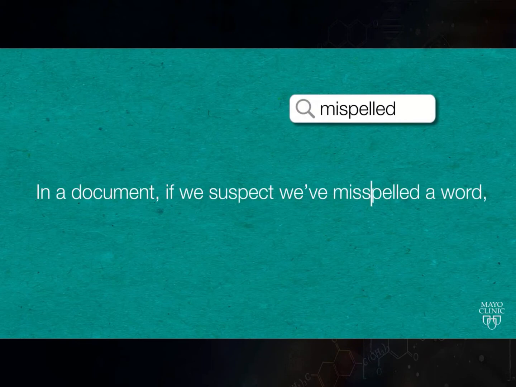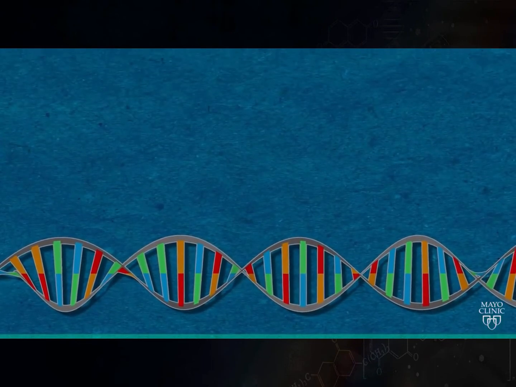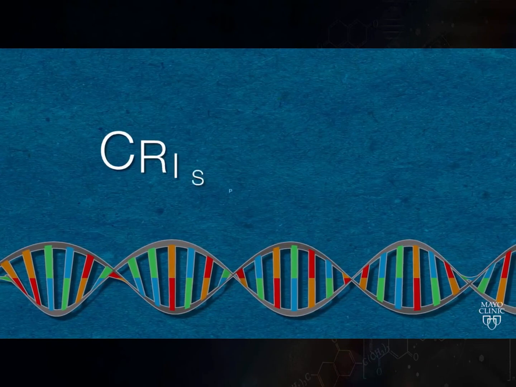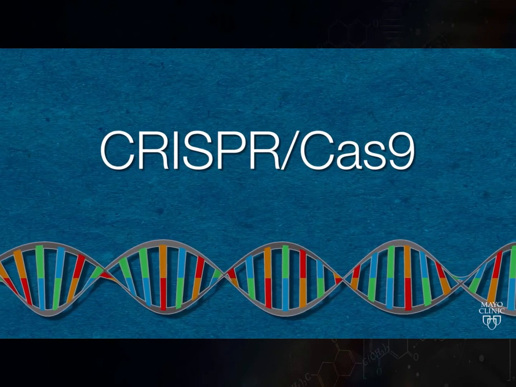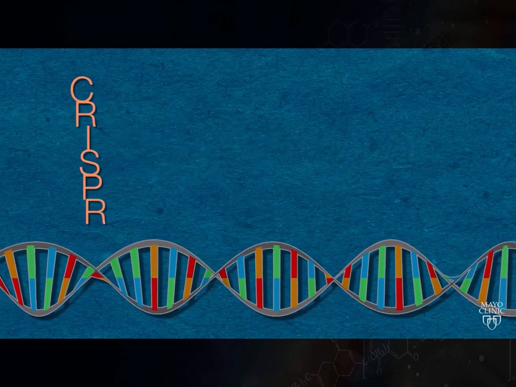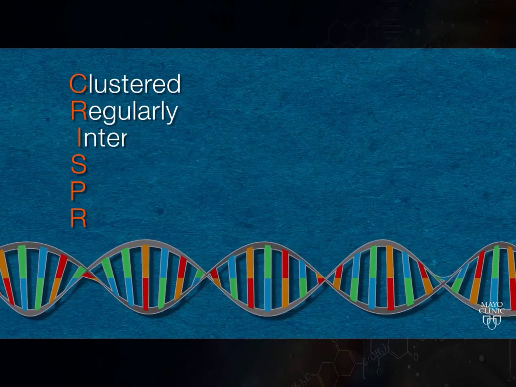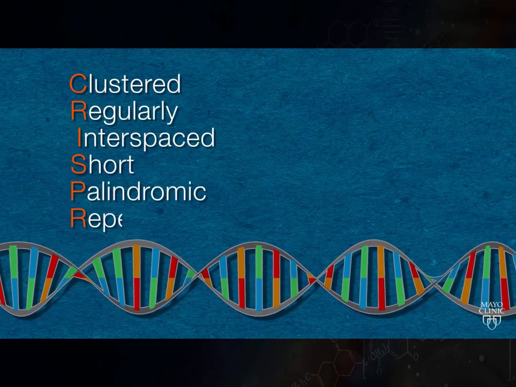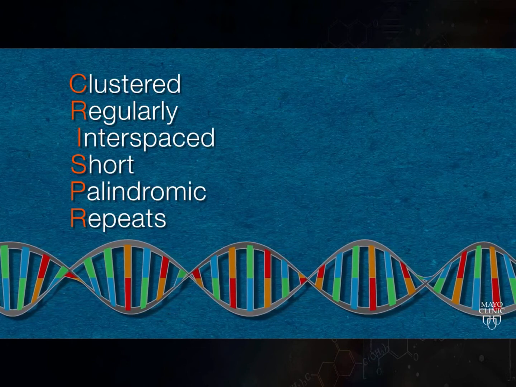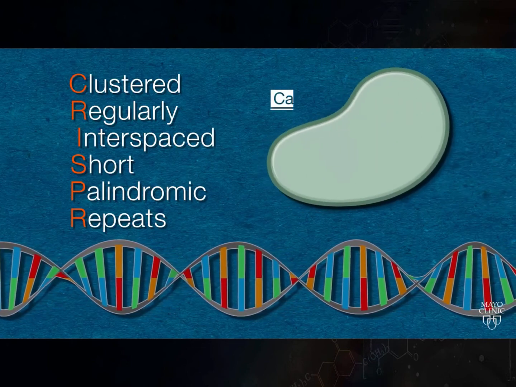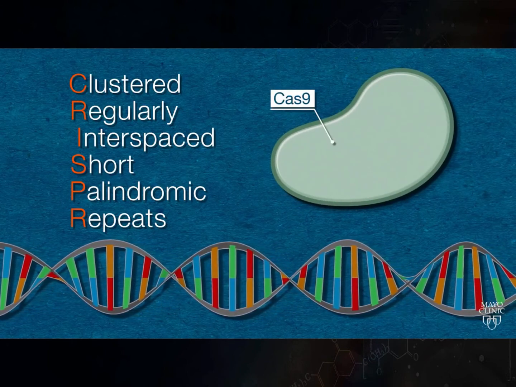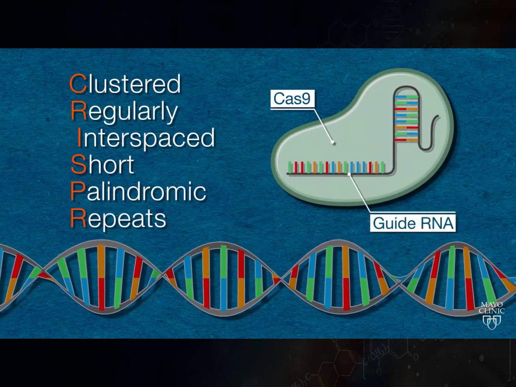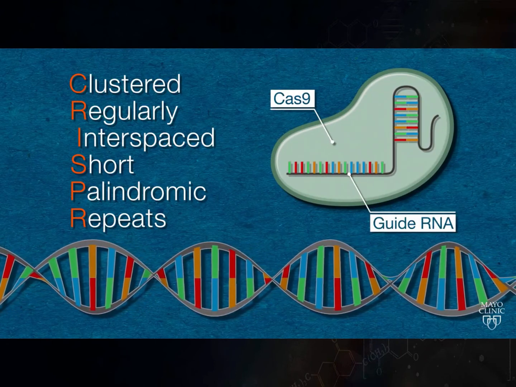Within our DNA, that function is taken on by a system called CRISPR Cas9. CRISPR is short for clustered regularly interspaced short palindromic repeats. CRISPR consists of two components, the Cas9 protein that can cut DNA and a guide RNA that can recognize the sequence of DNA to be edited.